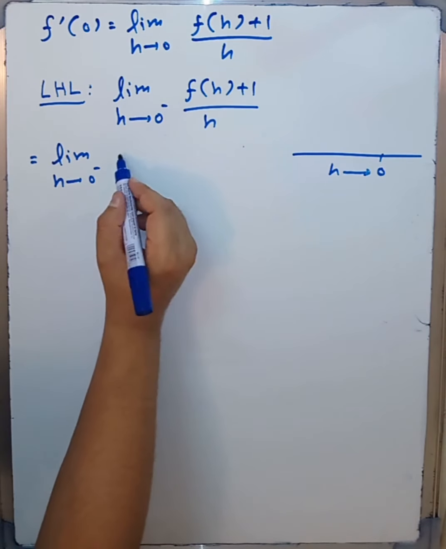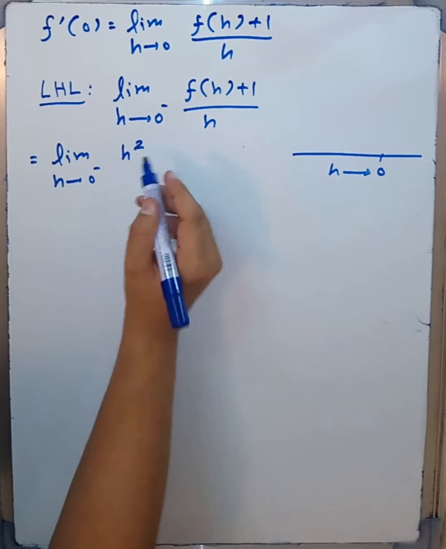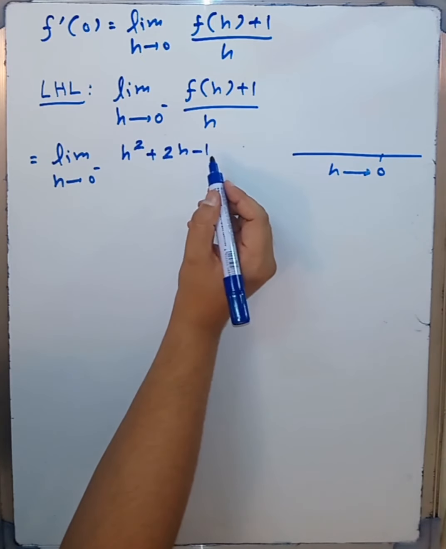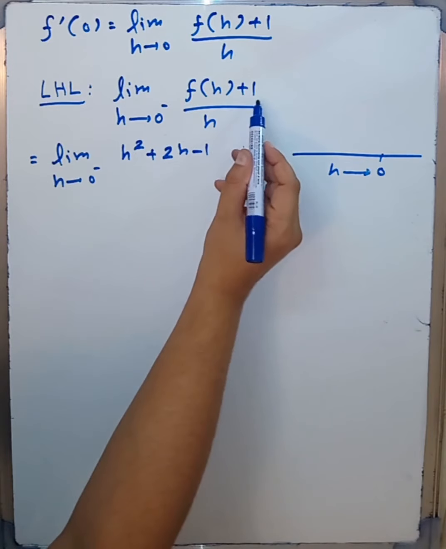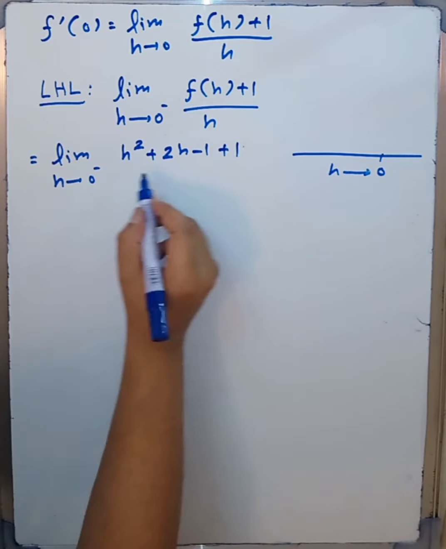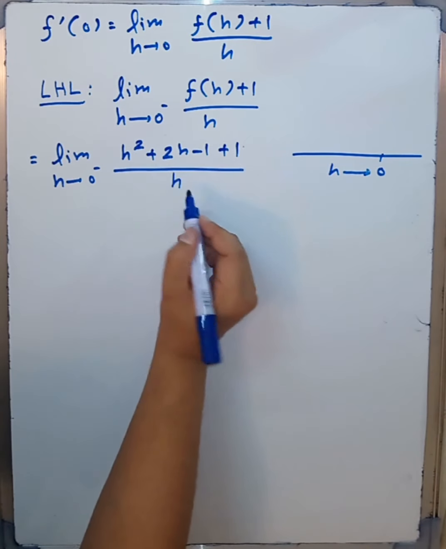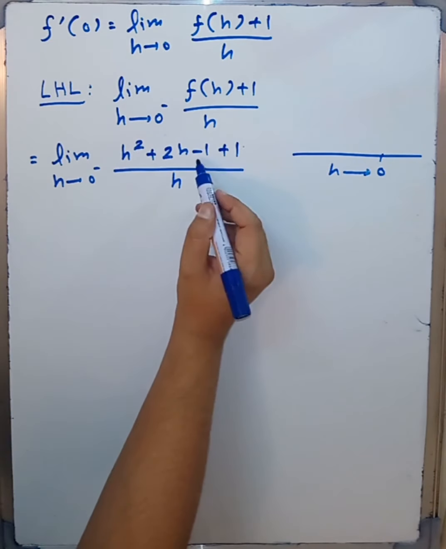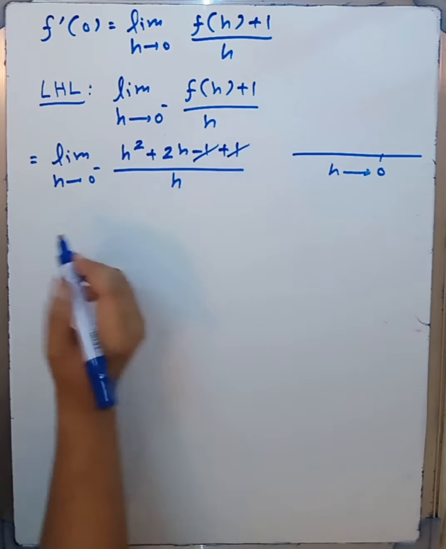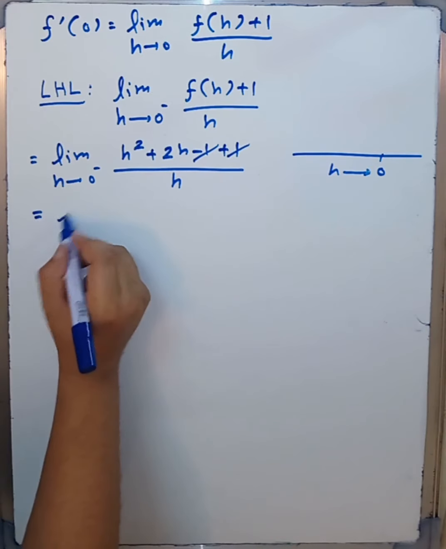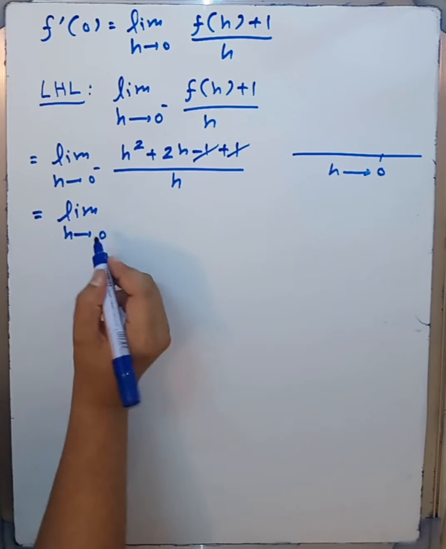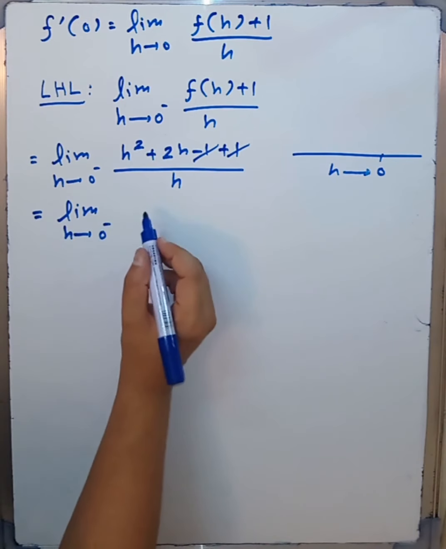I will get h square plus 2h minus 1 plus 1 divided by h. Minus 1 plus 1 gone, and this gives me limit h tending to 0 from the left.